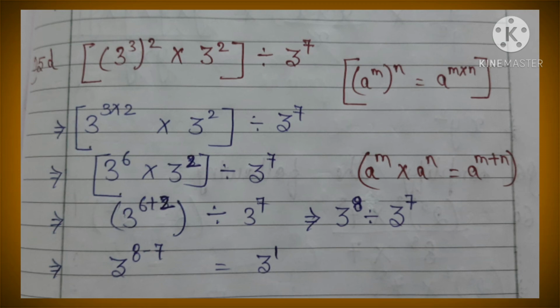In this case the powers get added, which become 3 raised to the power 6 + 2, which is 3^8 divided by 3^7. Now here we apply the quotient rule, in which common bases with different powers in division get subtracted. So 3^(8-7) gives 3^1, or simply 3 as the answer.